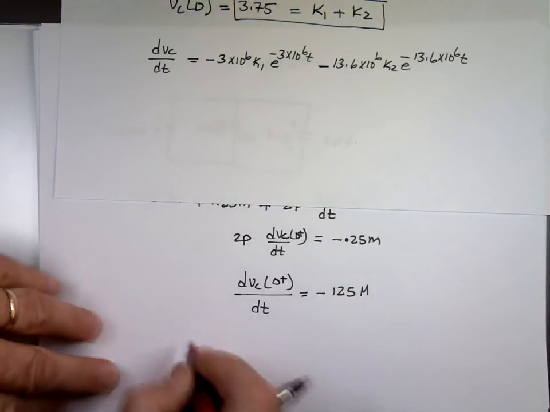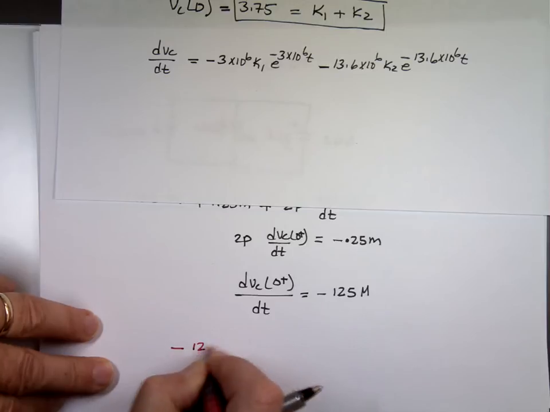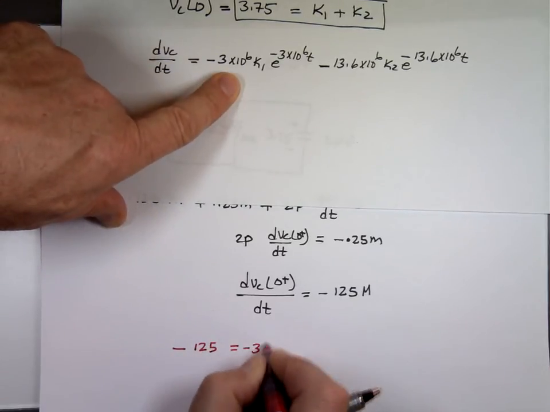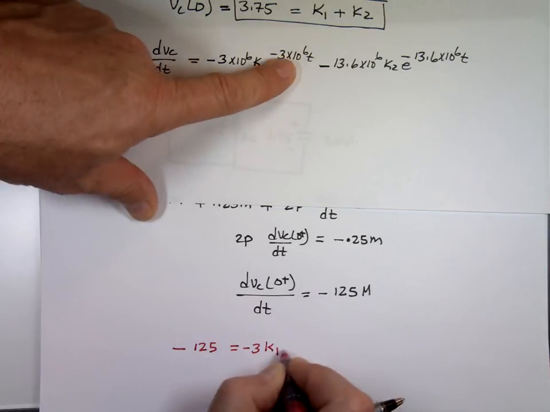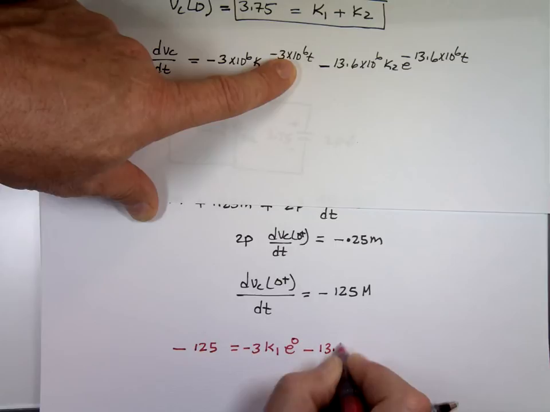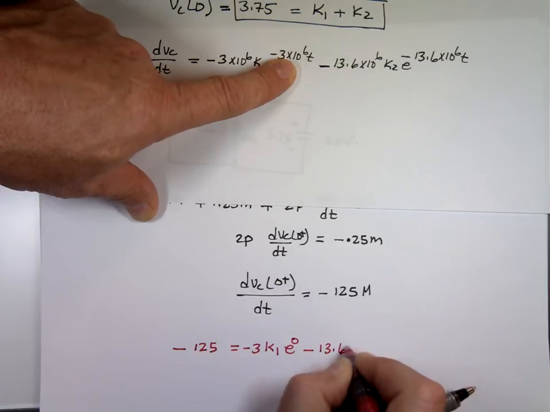Negative 125, the million will cancel because that's 10 to the 6, equals negative 3 K1 e to the 0 minus 13.6 K2 e to the 0.